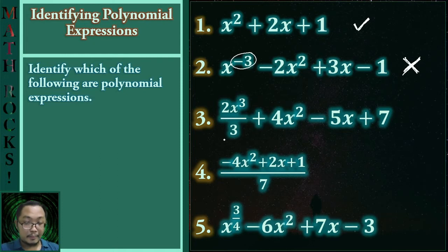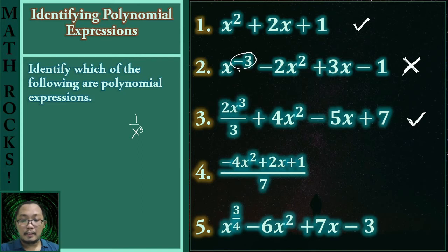And for the third one, this is a polynomial expression. In grade 9, you have already encountered exponential expressions. Having a negative exponent like this results into something like this.